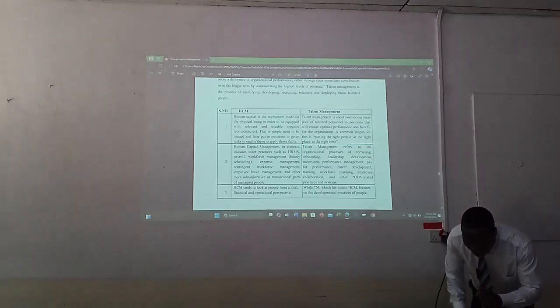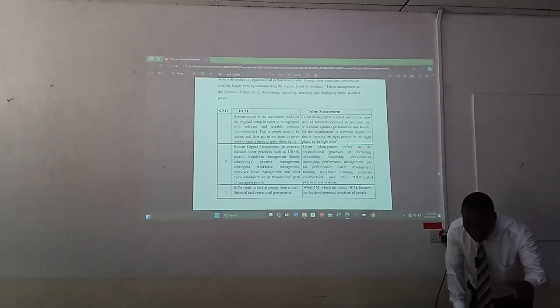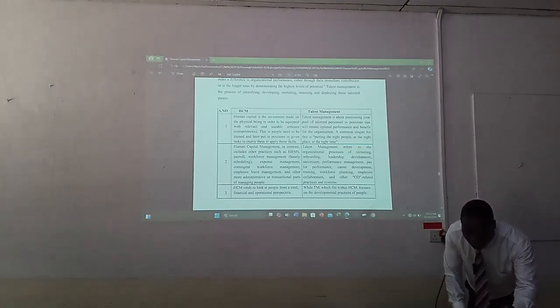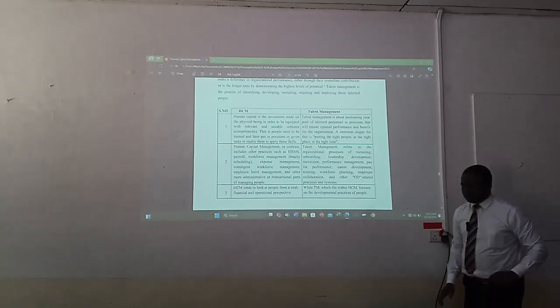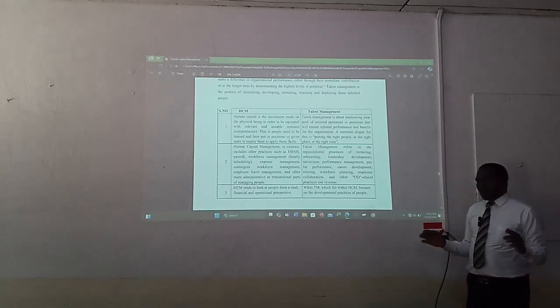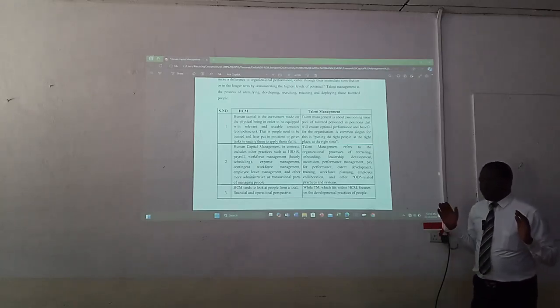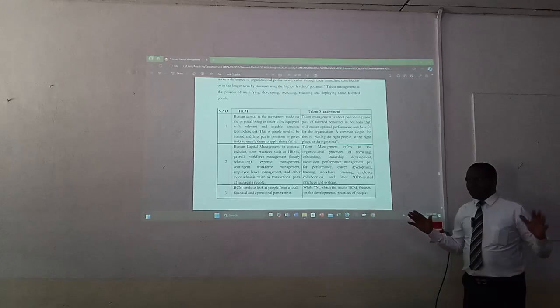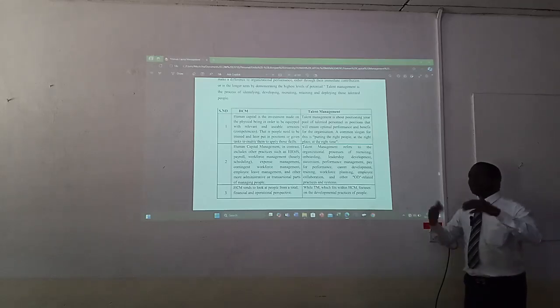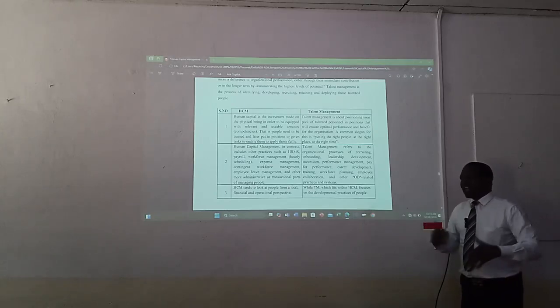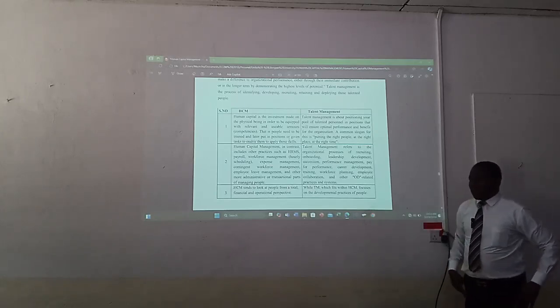While talent management is about positioning your pool of talented personnel in positions that will ensure optimal performance and benefit for the organization. So you have armed the people; the soldiers are fully armed. How would you position them so that you are able to meet your goals?